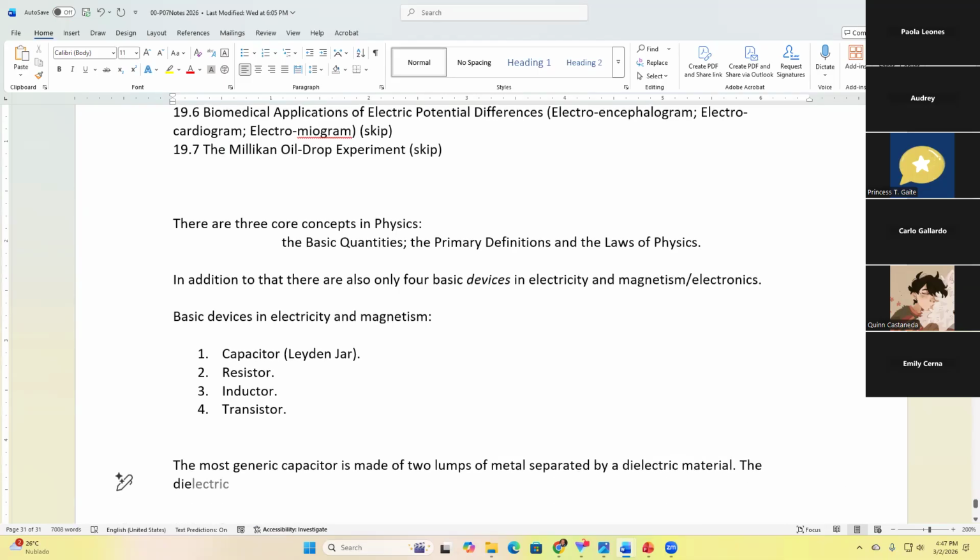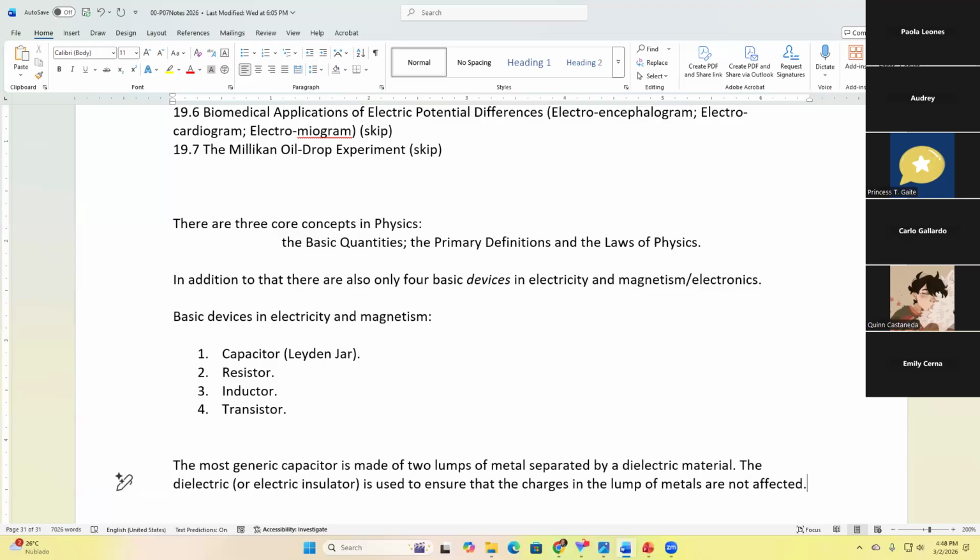The dielectric material, or electrical insulator, dielectric material is a synonym for electric insulator, okay? It is used to ensure that the charges in the lumps of metal are not affected. Okay? That's the role of the dielectric material.